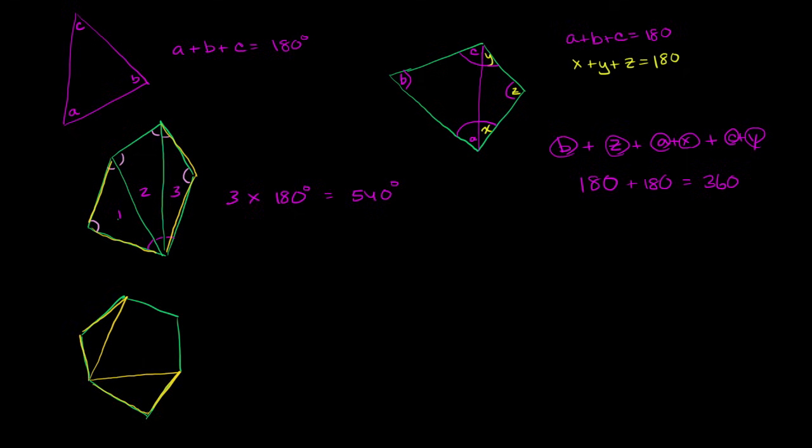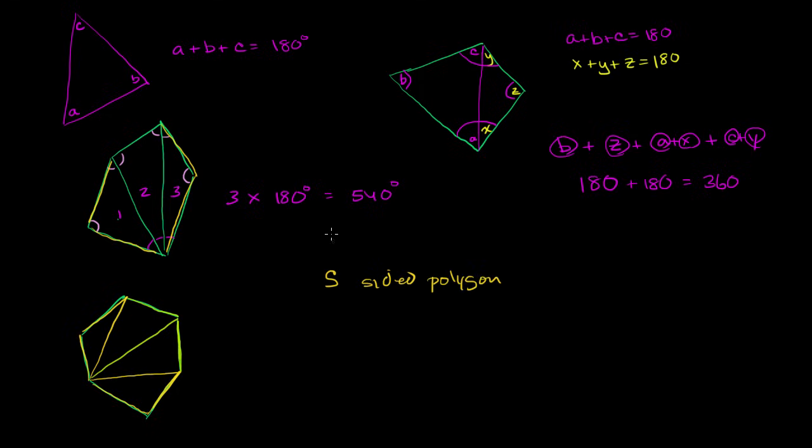And it looks like I can get another triangle out of each of the remaining sides. So 1 out of that one, and then 1 out of that one right over there. So in general, it seems like, let's say that I have an S-sided polygon.